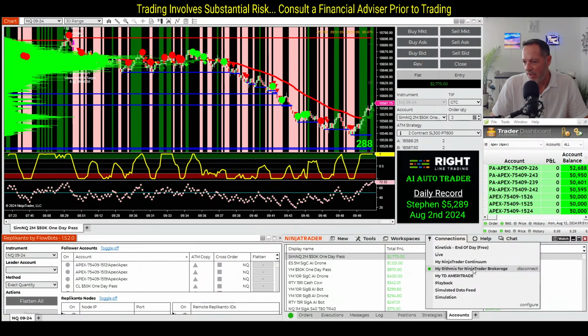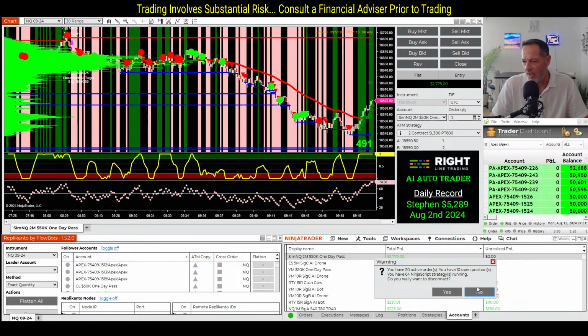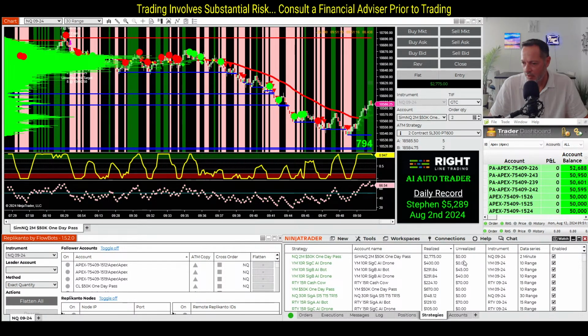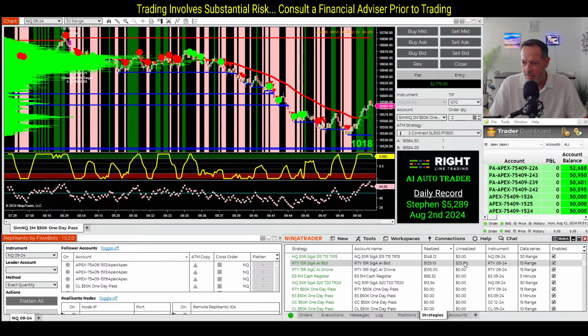So to do that, I go down to Connections and disconnect. Okay. To do that, I want to flatten all my strategies. I have strategies running over here, and they're actually in trades. If we look over here in the unrealized, I've got quite a few of them in trades right now. These are different strategies or bots that are sensing the market movements and looking at a lot of history and data to try to predict the next move in the market.